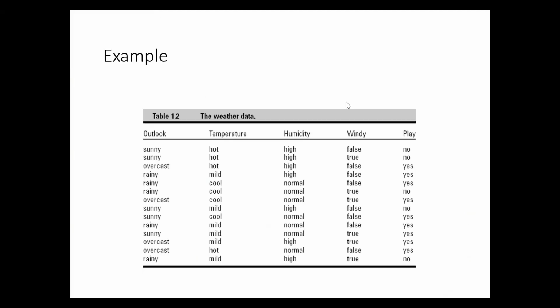The first step is that you will be given a dataset. This is the weather dataset that we have discussed so far in the module. You can notice that there are 5 attributes, including the class attribute, and then you have a set of attribute values. Take the outlook attribute.